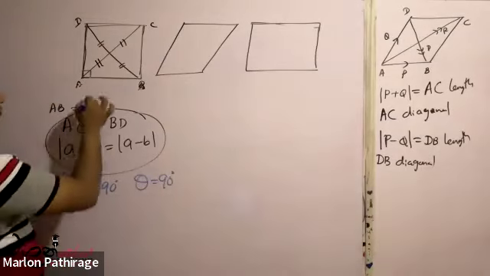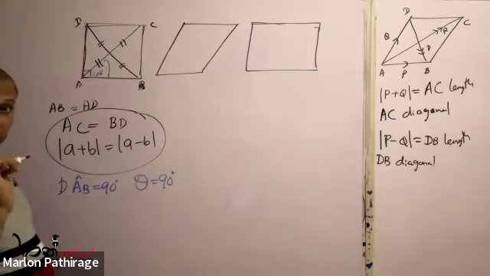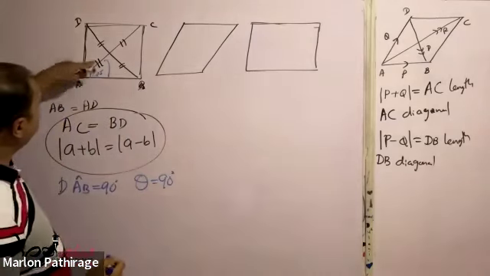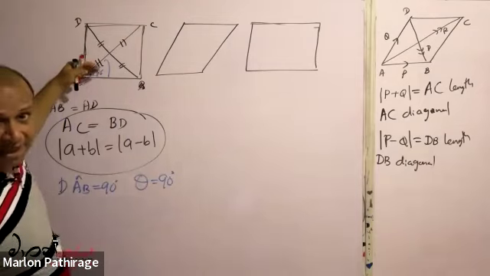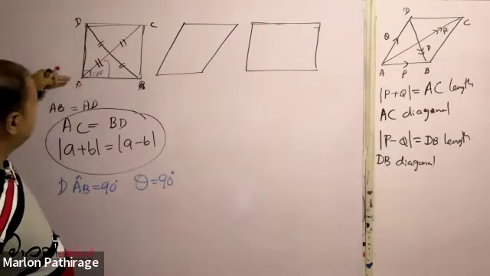And you know this angle is 45. If that angle is 45, that means AC is the resultant vector. Therefore, the resultant vector creates 45 degree with one vector.